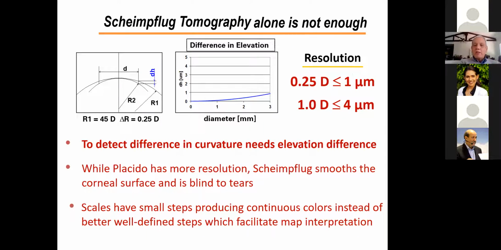While Placido has much more resolution, Scheimpflug smooths the corneal surface and therefore is blind to tears. The scales have to have small steps producing continuous colors in degradé instead of well-defined steps, which facilitates the map interpretation a lot.